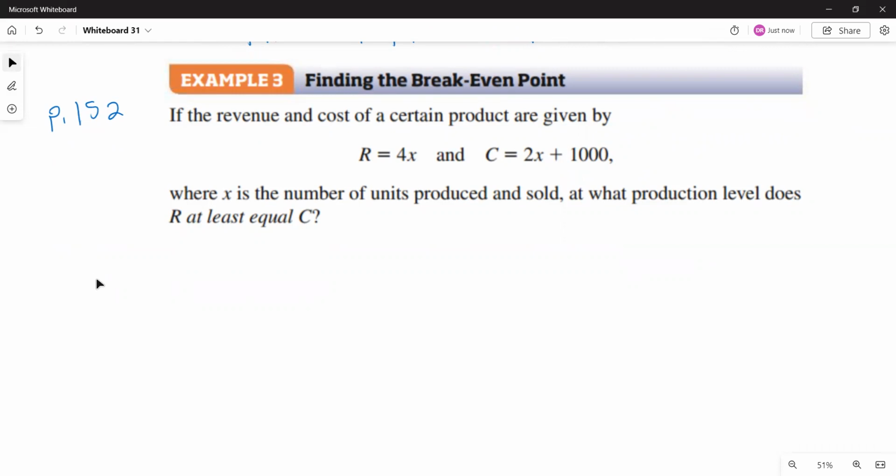So they are asking us at least equal, so they are asking us when the revenue is greater than or equal to the cost. So the idea is to make a profit, or the idea is that the revenue is greater than the cost, or the worst case scenario, to break even. But R is 4x.